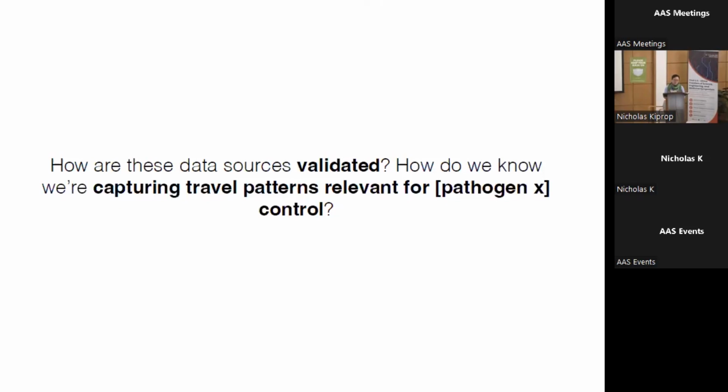I mentioned that bigger bias where you might have kids who are moving and you're collecting data on adults, which might be a proxy measure, but we want to better understand what pathogen you're really interested in, and how well some of these data sets and models can be used to capture the epidemiologically relevant mobility patterns, particularly as we're interested in thinking about not just current pathogens, but also ones going forward.